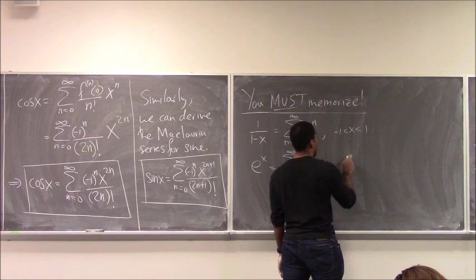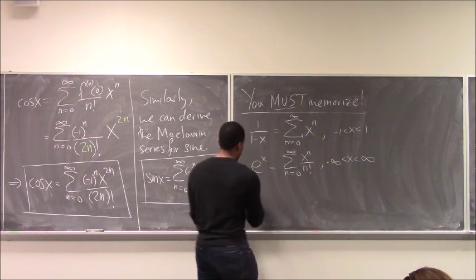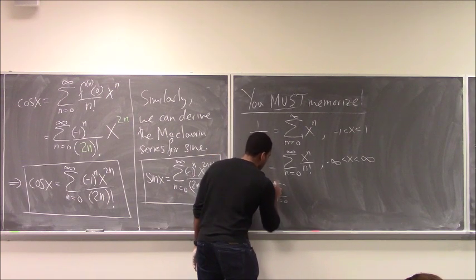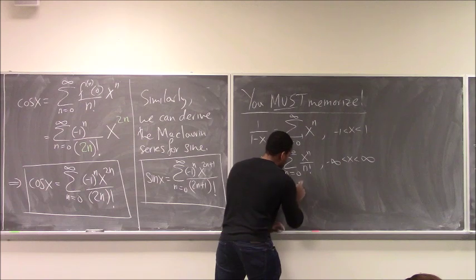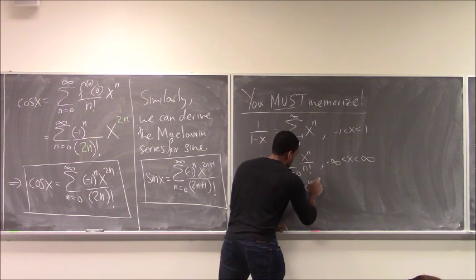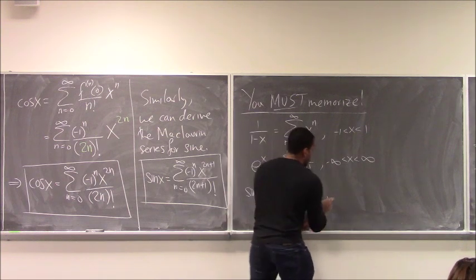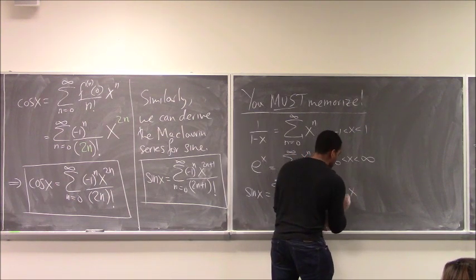And this works for all x. Sine of x as a series is this guy, minus 1 to the n, x to the 2n plus 1 over 2n plus 1 factorial. This also works for all x.